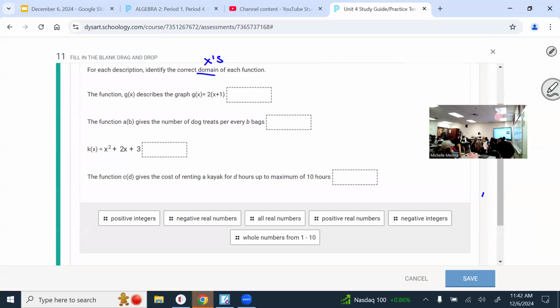Integers means that it can't be a decimal, basically. So kind of like another way of saying whole numbers, but technically integers could be positive or negative, but this one specifically says positive integers. Anytime it says real numbers, it can be a decimal. And that's really the only difference.